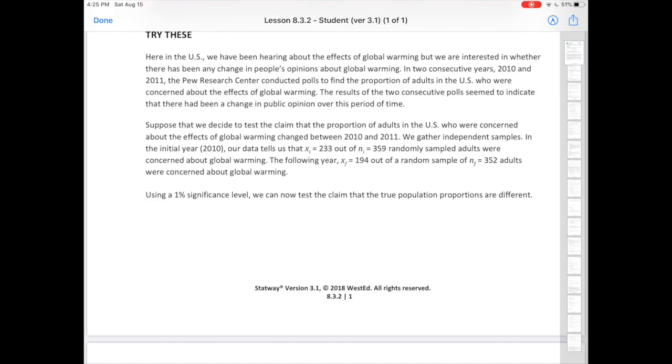The I just stands for initial here. So what we're saying is that in 2010, out of 359 randomly sampled adults, 233 were concerned. The following year, 194 out of the random sample of 352 adults were concerned about global warming. Using a 1% significance level, we can now test the claim that the true population proportions are different.